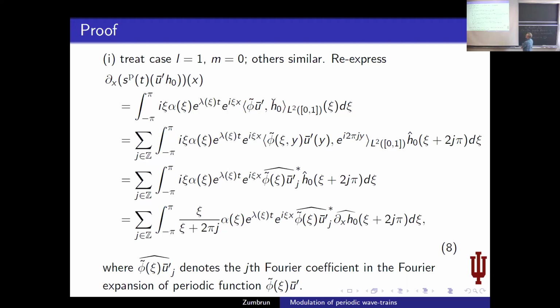Okay, so that is the only spatial dependence in H check is here. And I've pulled the xi dependence out here. So in the inner product, we only integrate against y.